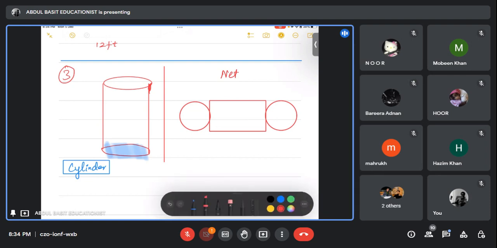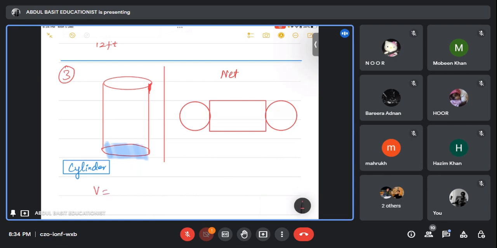And the volume of the cylinder is the lower part, which is the circle area, so that is pi r square. Then we have to multiply with the height. The greater the height of the cylinder, the greater the volume. Agree? Is it clear?